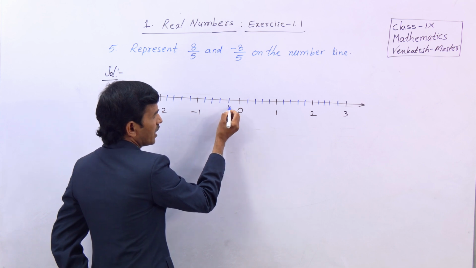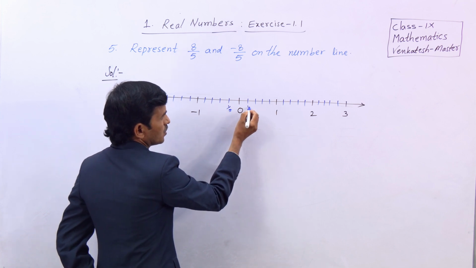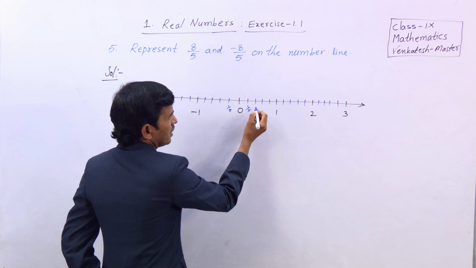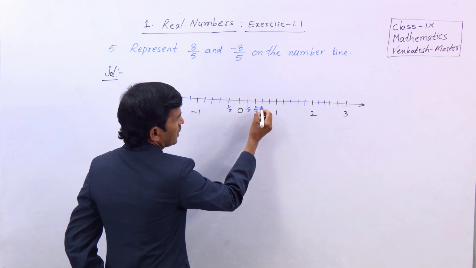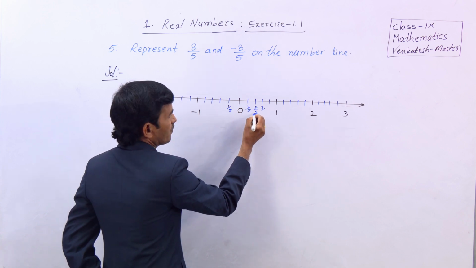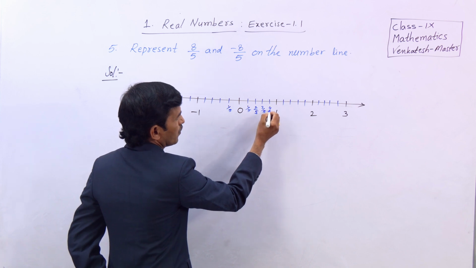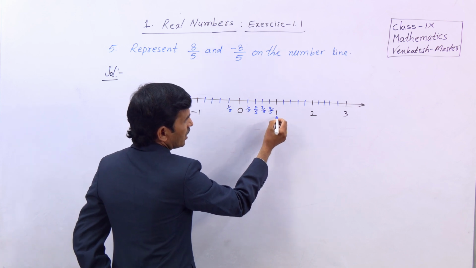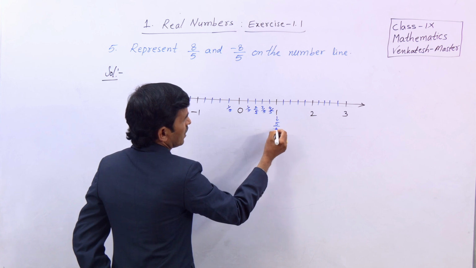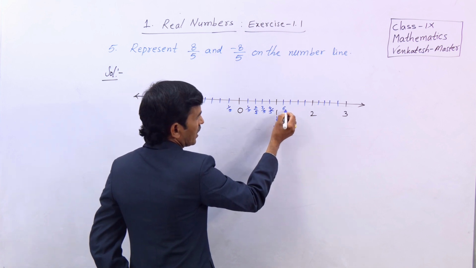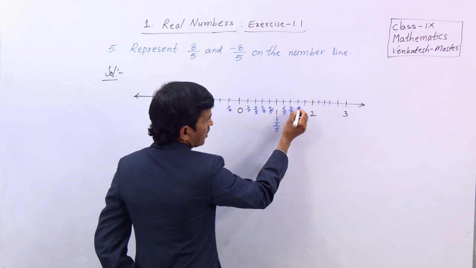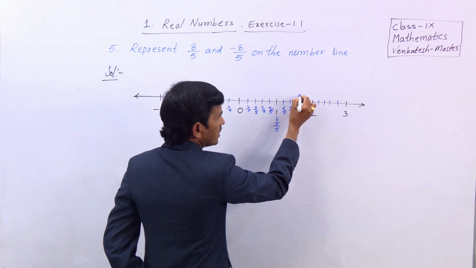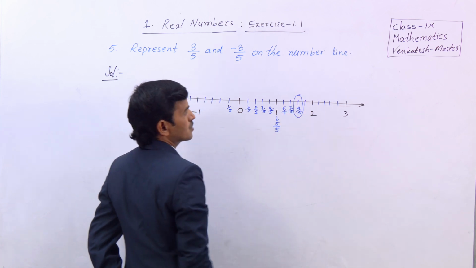This is 1 by 5th part. This is also 1 by 5th part. It is 2 by 5, 3 by 5, 4 by 5. This 1 is nothing but 5 by 5. Next 6 by 5, 7 by 5, 8 by 5. So this is our required solution.